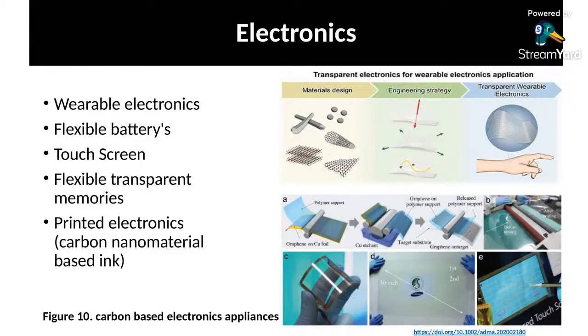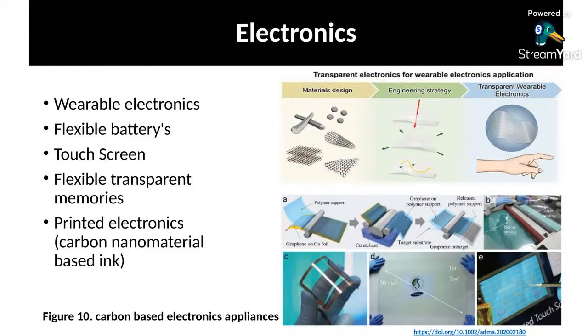Then carbon-based nanomaterial, mainly graphene, is used for touch screens, as we see in some figures where we see the glass transparent material which is folding. These materials are carbon-based nanomaterials, mainly CNT or graphene.